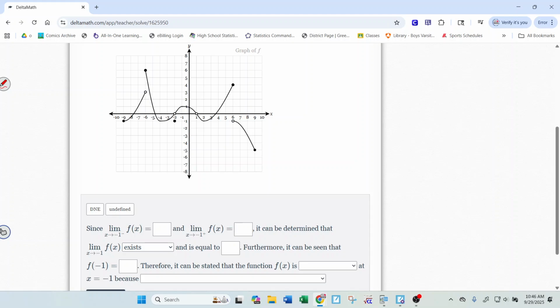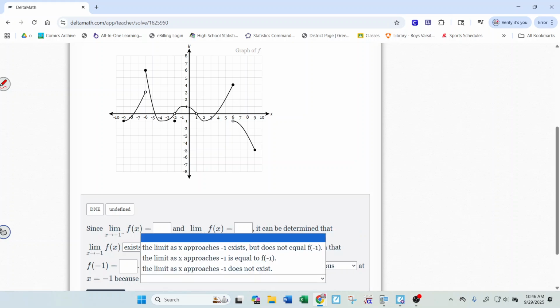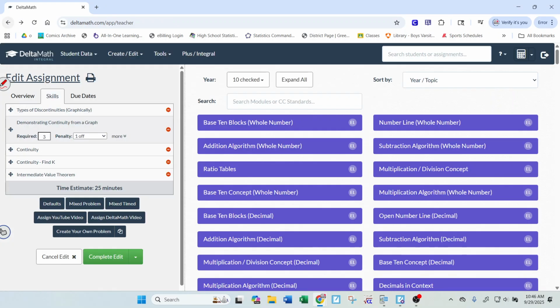From the left? 1. Does the limit at -1 exist? Yes, it's equal to 1. And then what's the functional value at -1? 1. Therefore, it is continuous because the limit is equal to f of -1. So this is just understanding that definition, that the limit at the value equals the functional value. And so you just click through that, okay?